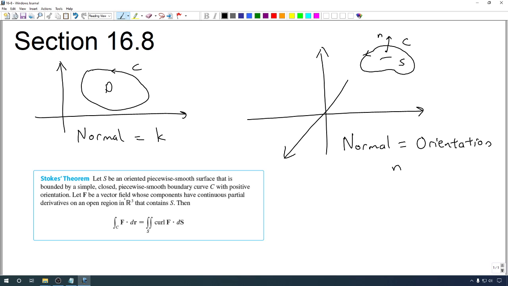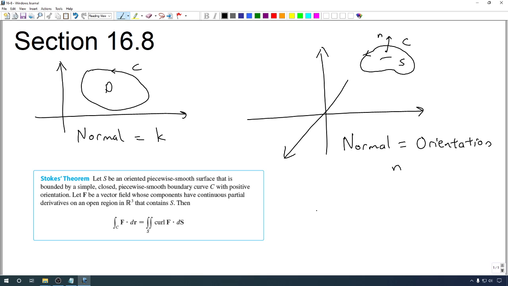If F is any vector field whose components have continuous partial derivatives on any region around S, so that we're able to actually talk about its derivatives, then the line integral of F around the boundary curve is equal to the double integral of the curl over that surface.